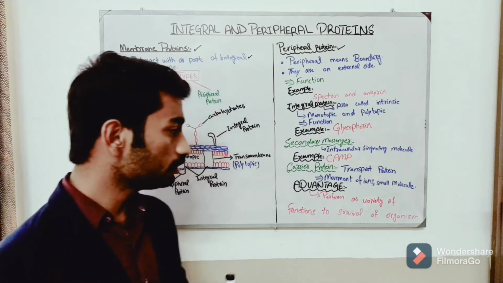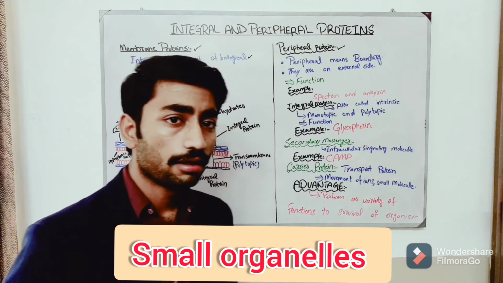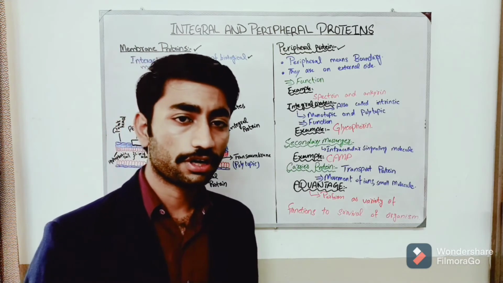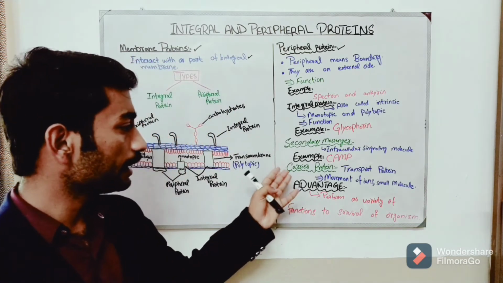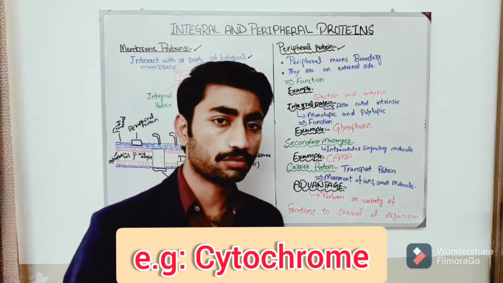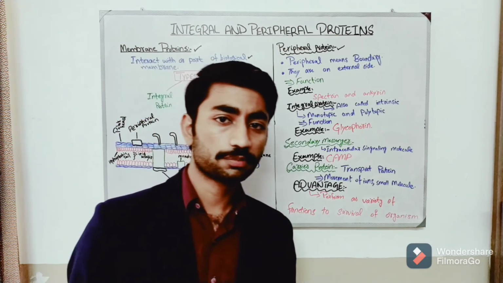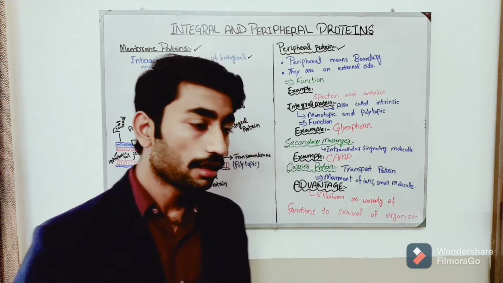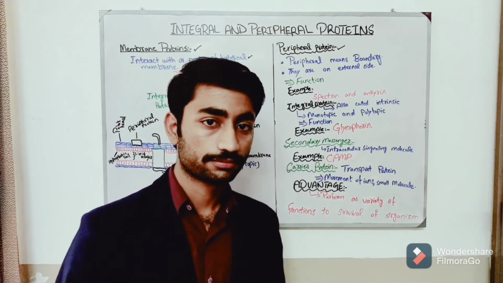They are also found in small organelles like chloroplast, mitochondria, and nucleus. The example of carrier protein is cytochromes. Cytochrome operate in an electron transport chain as a carrier protein for electron.